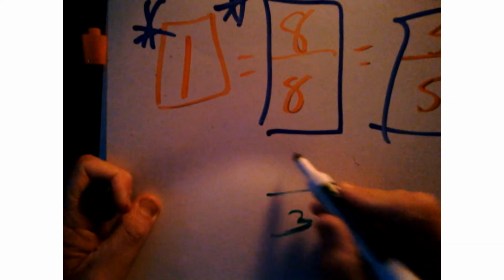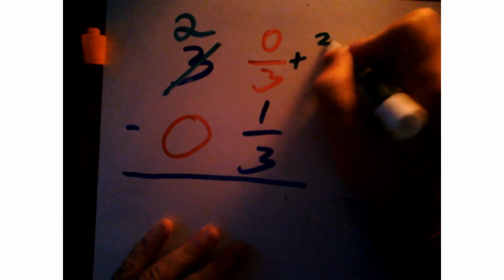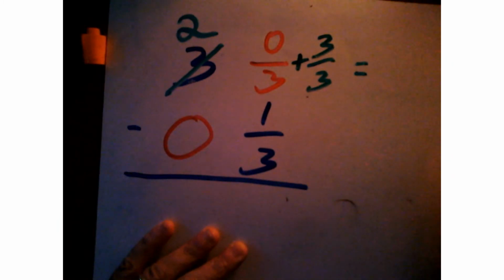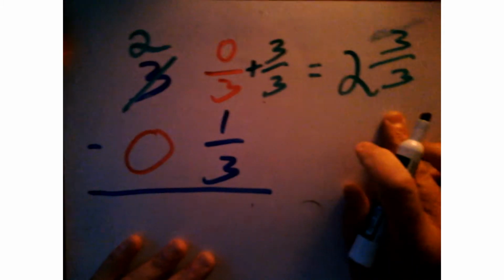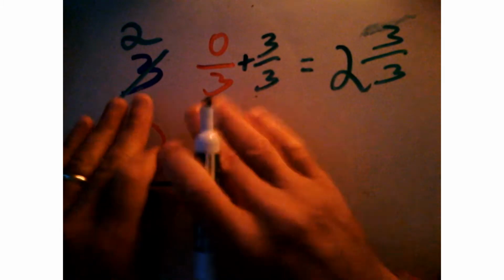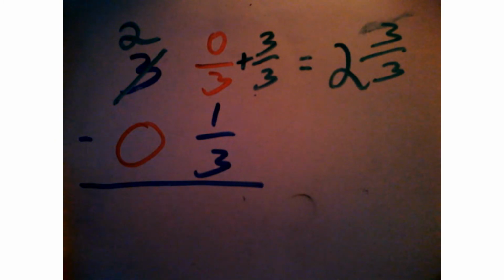The denominator is 3 in this case, so the number 1 is going to be 3/3. So I'm adding 3/3. My new number is 2 and 3/3. 2 and 3/3 is the same as 3. All I did was manipulate this fraction here. So we made that a lot better. It's a lot easier to work with that way.